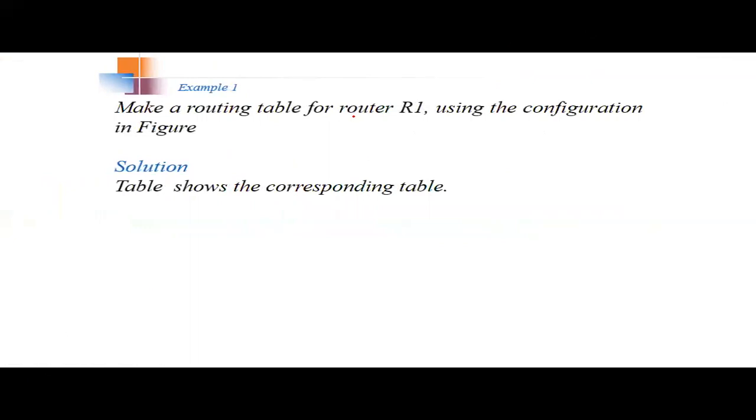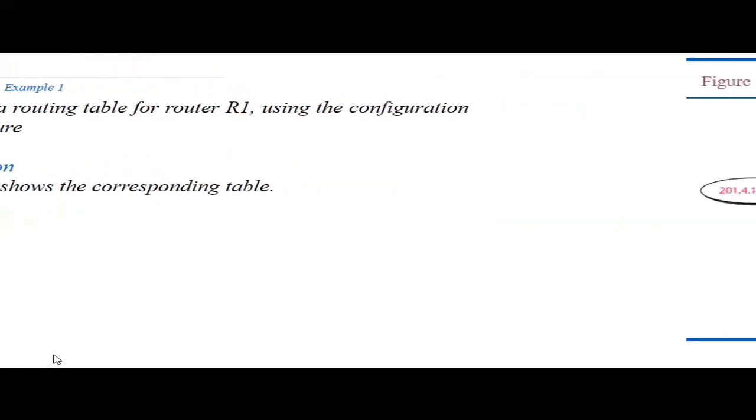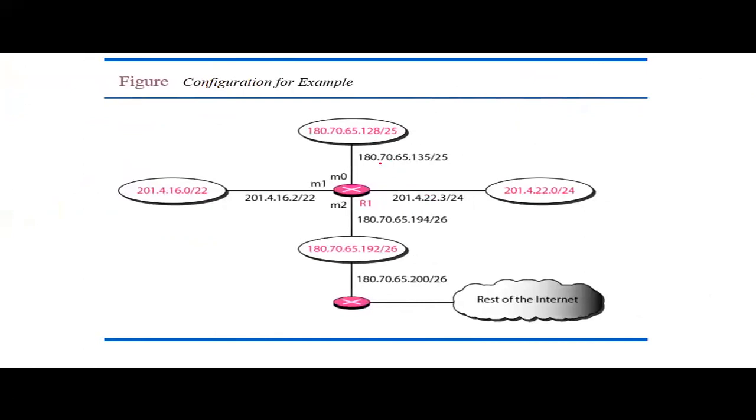So here we are creating a routing table for the router R1 using this configuration. This is the router R1 for which we have to create a routing table. Let's first see the figure clearly. The router R1 is connected to 4 interfaces actually: m0, m1, m2 and m3.